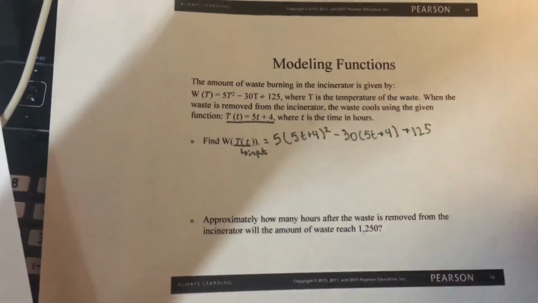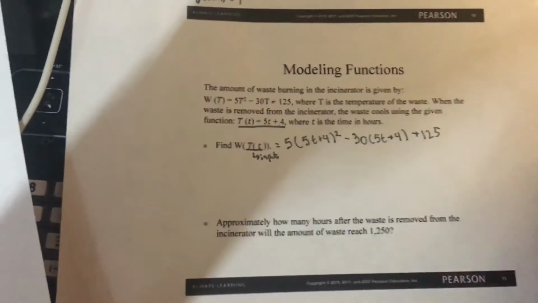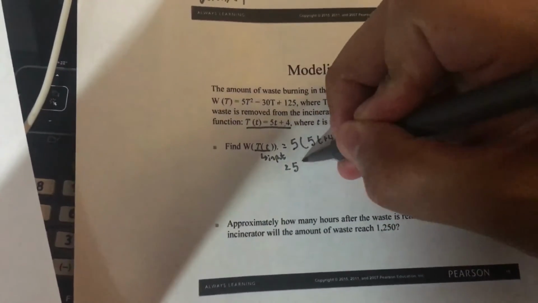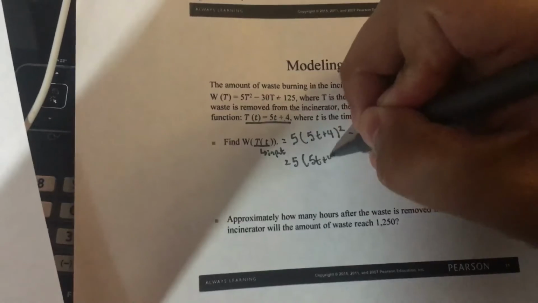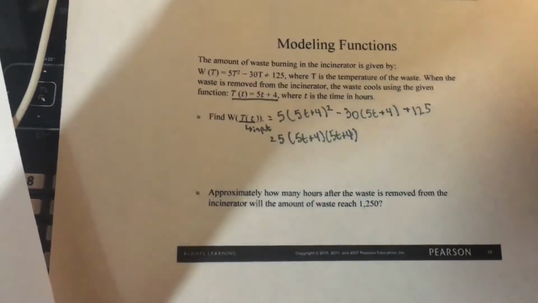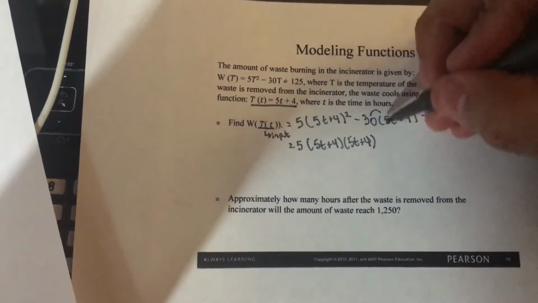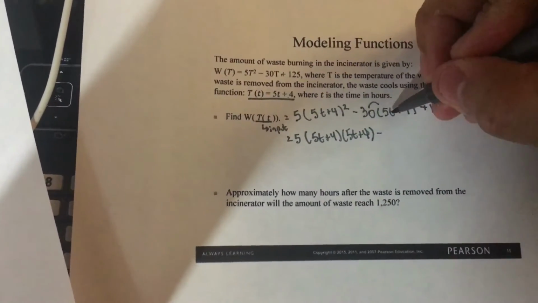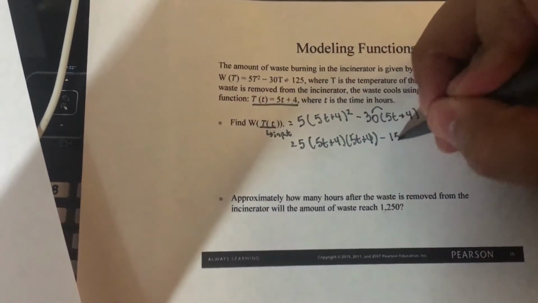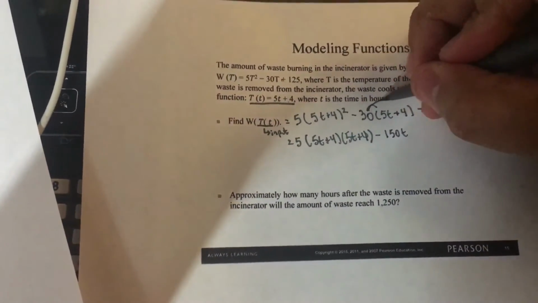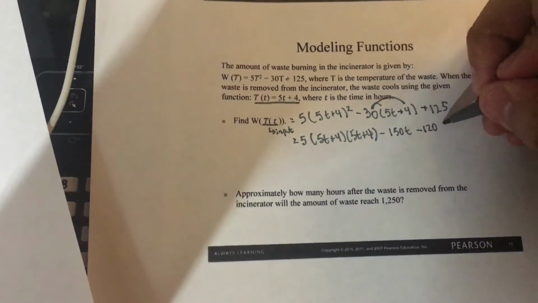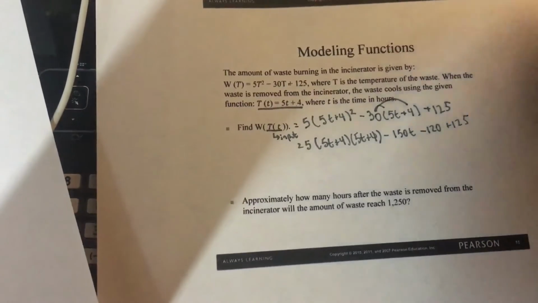Now, again, guys, you're going to need to simplify. This is the correct answer, but you would simplify. So this is going to be 5 times 5t plus 4, 5t plus 4, because it's squared. I'll distribute this, so minus 30 times 5 is, excuse me, 150t. Minus 30 times 4 is minus 120, and then plus 125, okay?